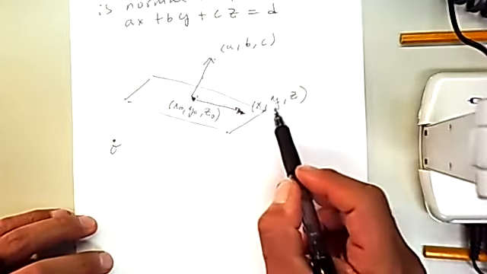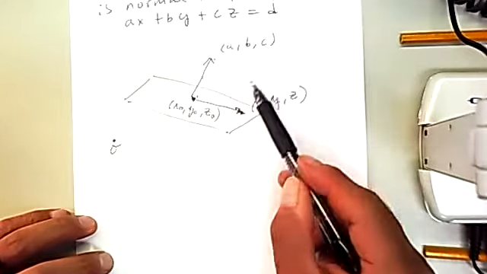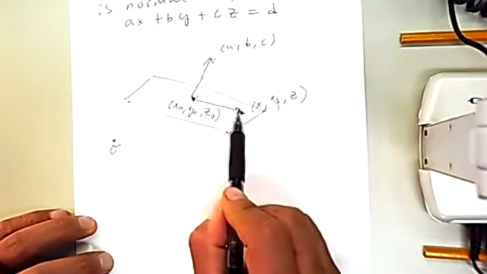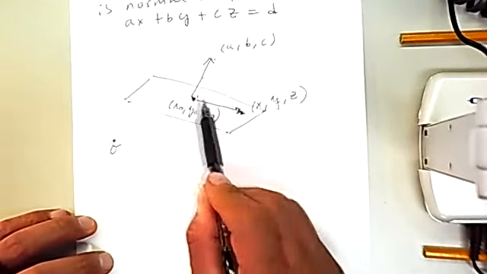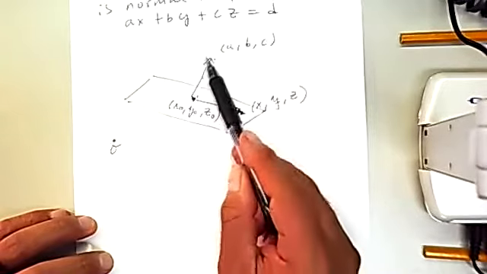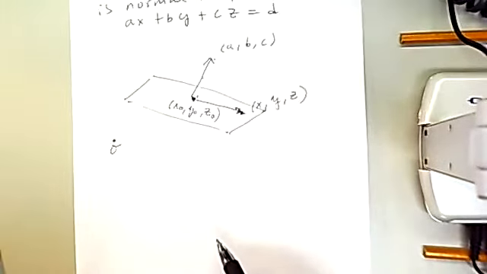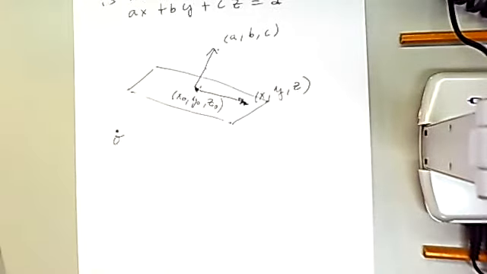So we don't want to show that XYZ is perpendicular to ABC, we want to show that vectors on the plane, which are obtained by subtracting two points on the same plane, are perpendicular to this one. Yeah. So one way to know if two vectors are perpendicular is by finding their dot product.